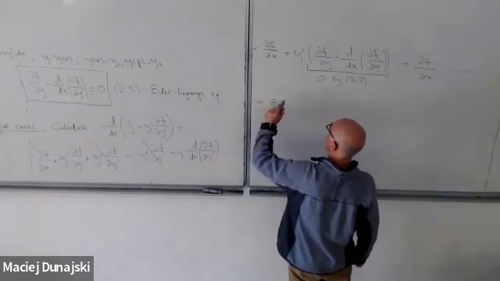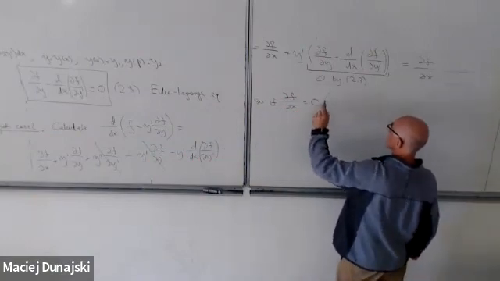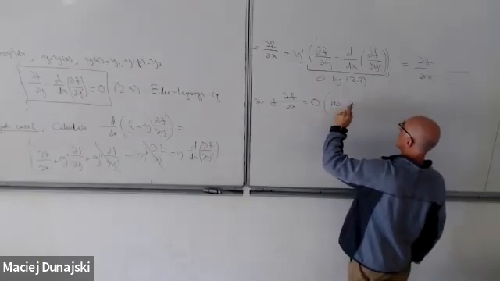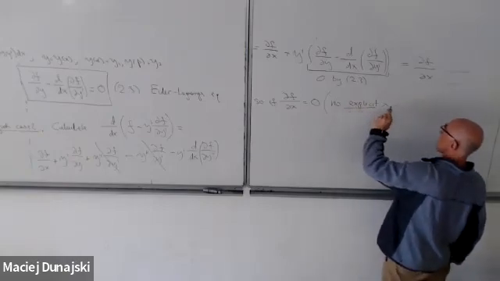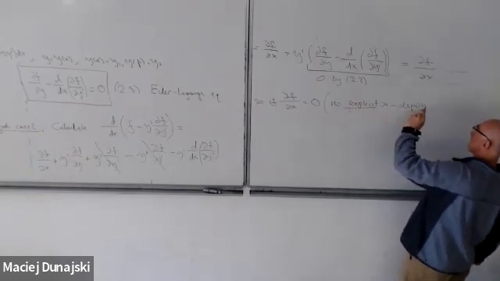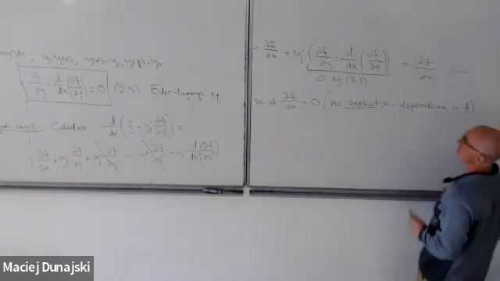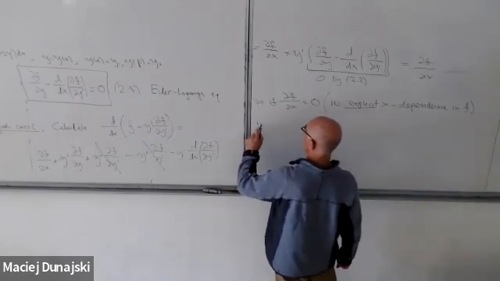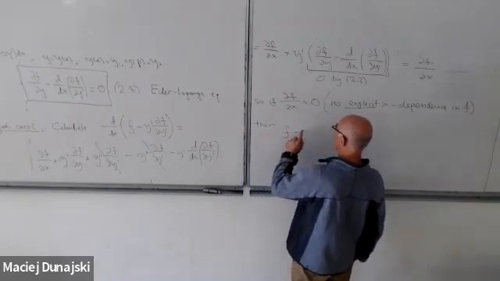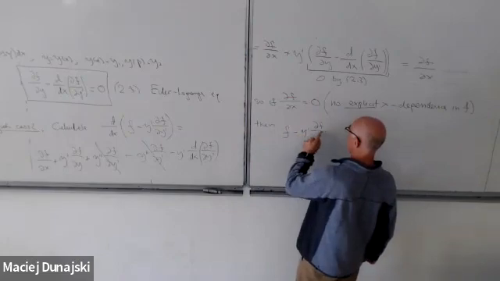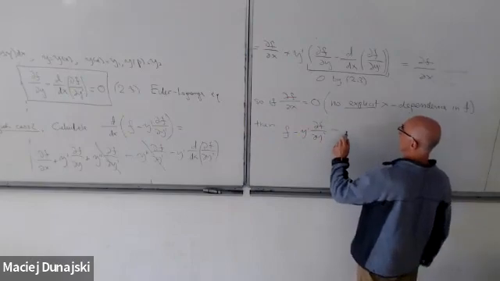So if df by dx equals 0, meaning no explicit x dependence in f, then f minus y prime df by dy prime equals a constant.